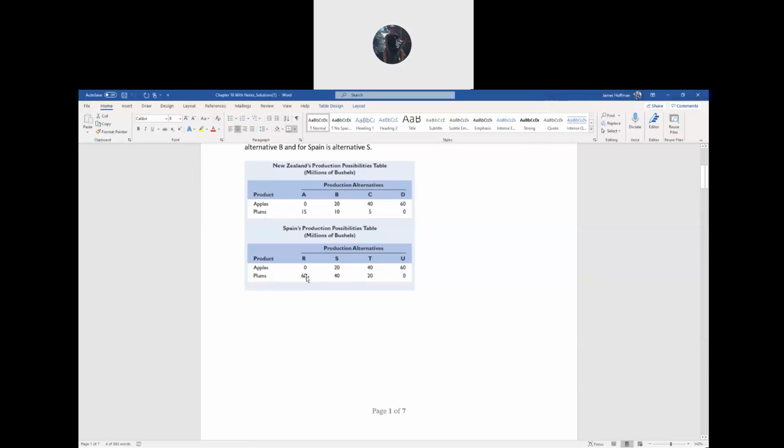And New Zealand is going to produce only apples, which means the most they can produce is 60. So specializing means they go to the endpoint of their specialized good and produce all they can in that good.